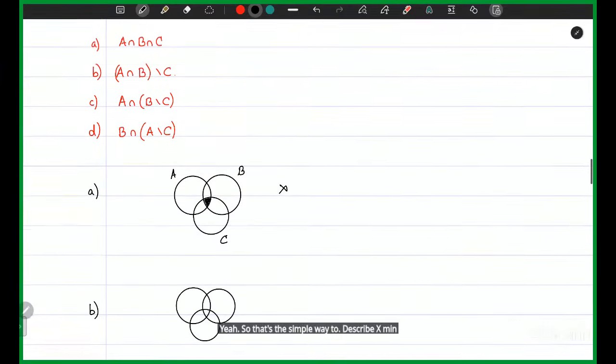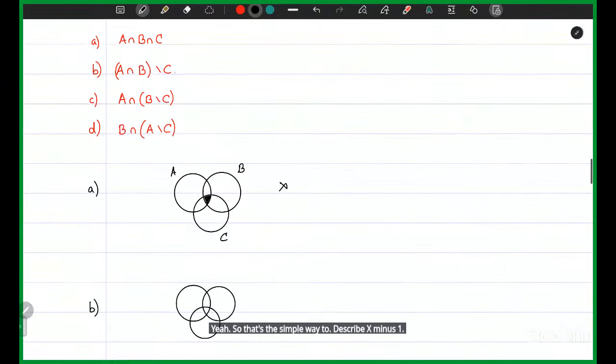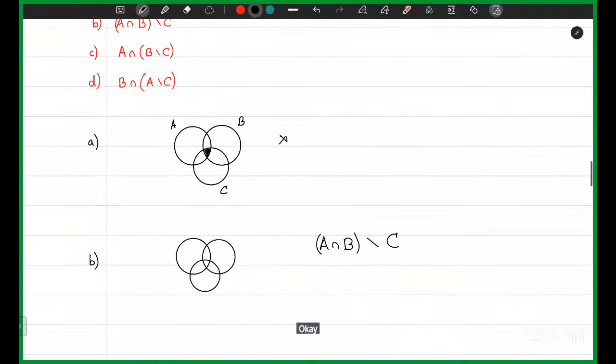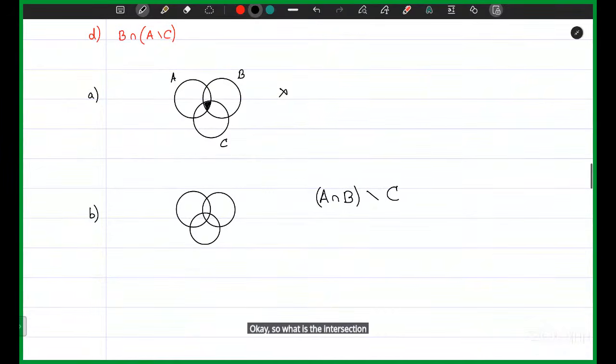So here your X and Y are A intersection B and C respectively. So I am looking at elements which are there in A intersection B, but which are not in C. So what is A intersection B once again? It is this shaded region.